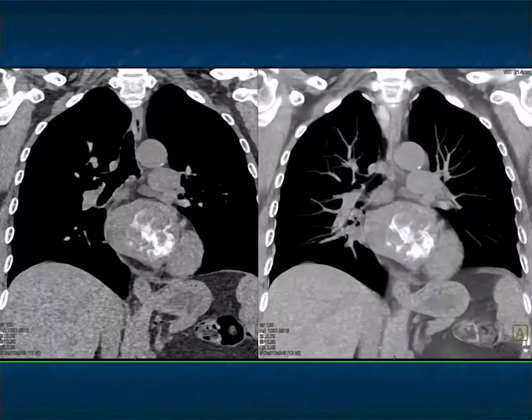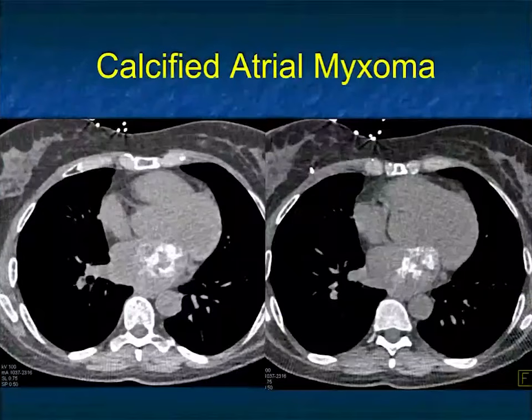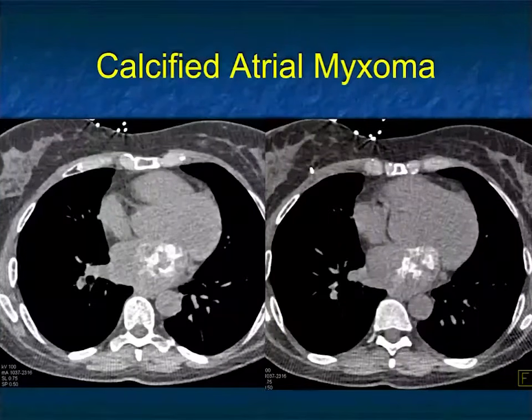Left atrium, calcified mass. You got to be thinking of myxoma. Myxomas occur in both right and left atrium. The right atrial ones theoretically calcify more than the left, but this is a wonderful case of a calcified left atrial mass that was a myxoma. Again, remember that. See a calcified mass, think about thrombi, think about mets, think about other tumors, but in the atrium, you gotta go with myxoma.